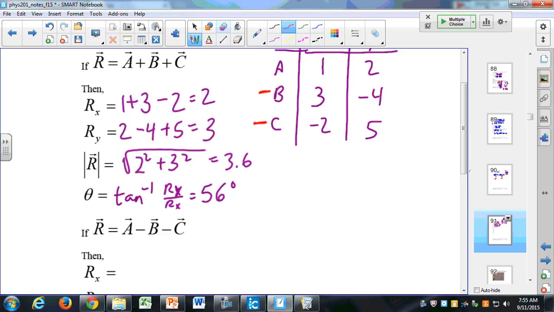I get the x component of r now? It's 0, right. So I get 0 here, and the y component is 1. Right, so I have my negative b, this becomes negative 3 and positive 4, and I have negative c, that becomes positive 2 and negative 5. I just negate all the components of those vectors, because if you think about this, before, the vector b, what quadrant was it in?